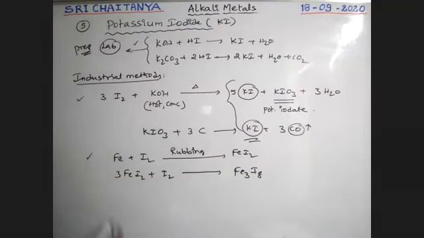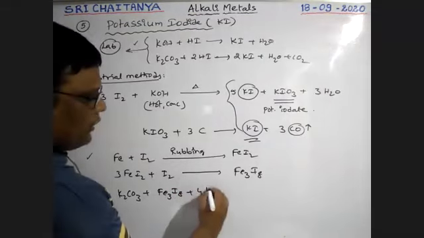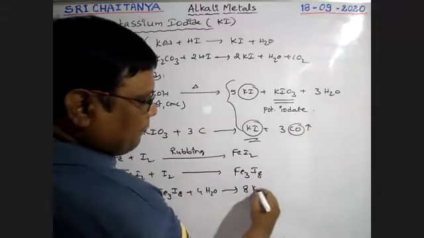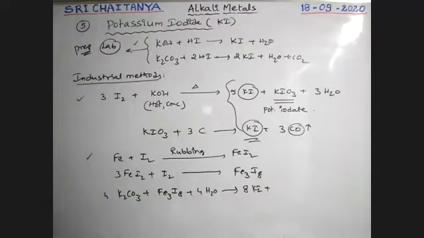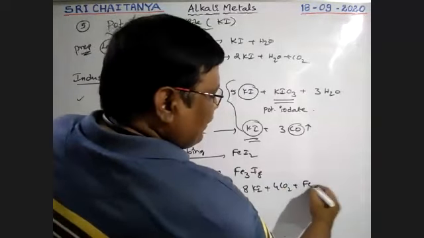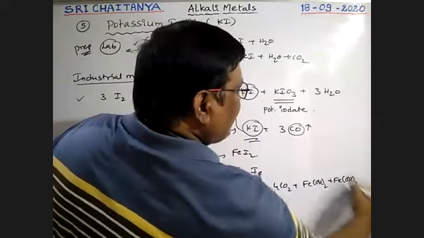The formed polyiodide Fe3I8 reacts with K2CO3 in water, which gives 8KI plus 4CO2 plus Fe(OH)2 plus Fe(OH)3.